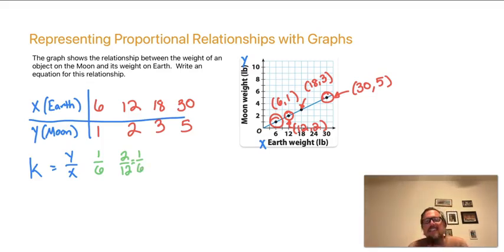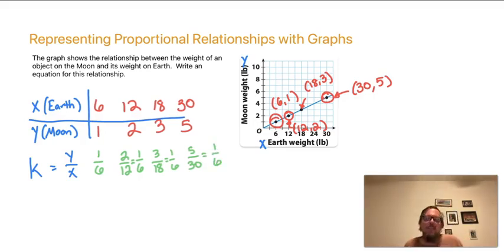How about that? Our next set is going to give us 3 over 18, which, hey, what do you know? That's going to reduce to 1 over 6 also. And I'm going to go out on a limb and say that 5 over 30 is probably going to reduce to, yep, you guessed it, 1 over 6.